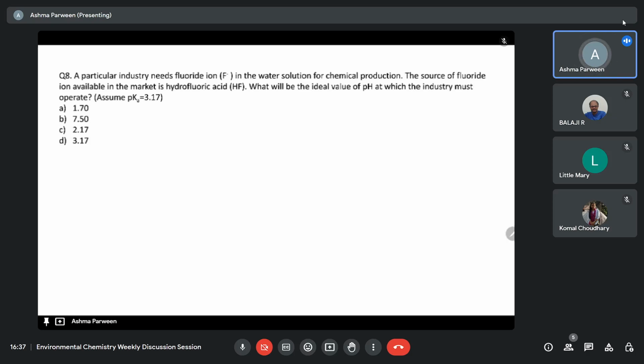The pKa value for HF is given as 3.17. So we have to find out, of all the four pH values, at which pH the industry should operate to get maximum fluoride ion concentration. It is a pretty straightforward question. So I'll give you all 2 minutes. Just write your answer in the chat box.